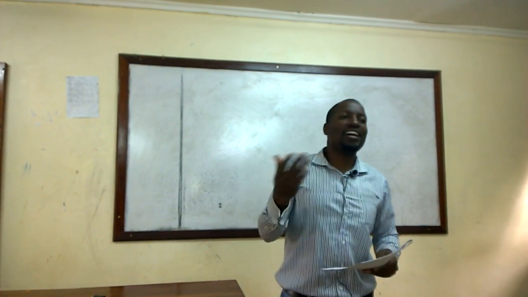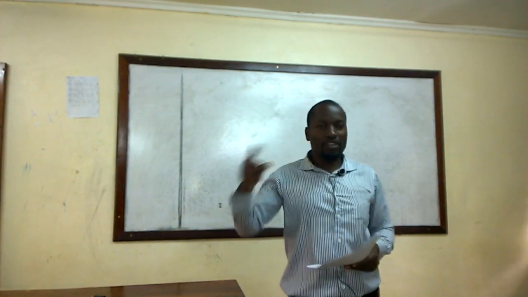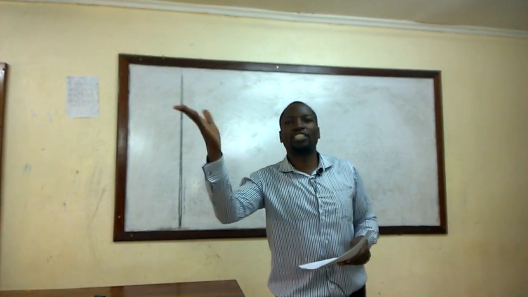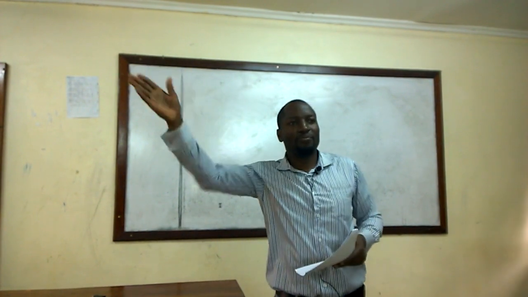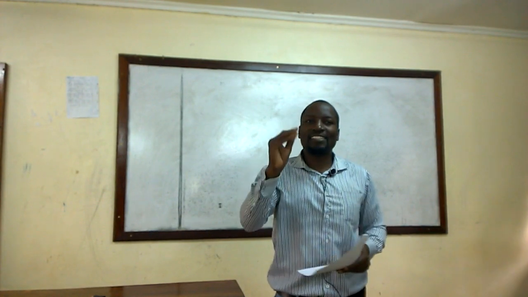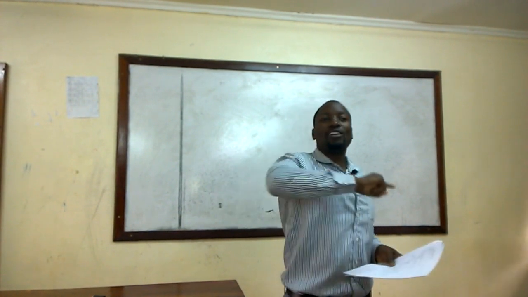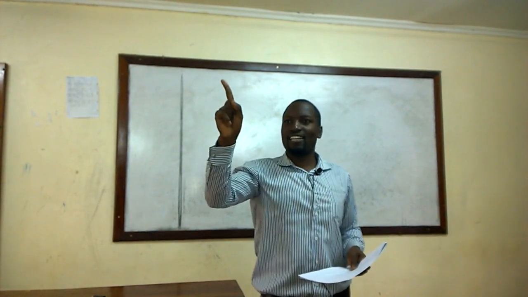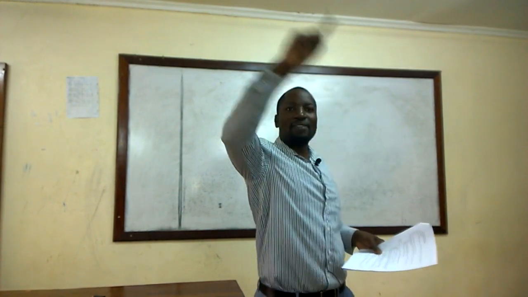Sasa unapeana reason. For example, question number 6, inakuja sana na hiyo maswali ya account for the shape of the graph between point A and B. Most of those questions zinakuanga 3 marks ama 2 marks. Haiwezi kuwa 1. Kwa sababu one of the first marks is lazima kwanza useme chenye kina happen. Sawa? The rate of reaction is increasing with time.